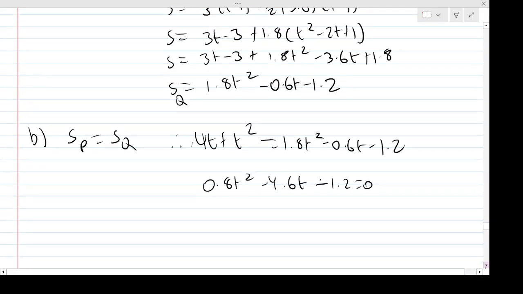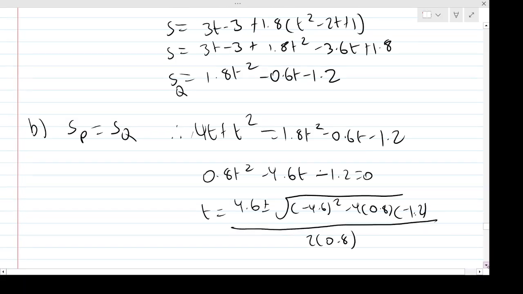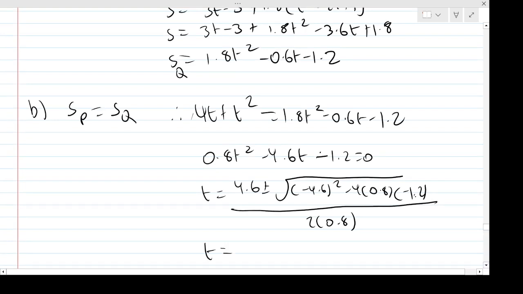So we're going to get t is 4.6 plus or minus the root of minus 4.6 squared, take away 4 lots of 0.8, lots of minus 1.2, over 2 lots of 0.8. And so if I put that in the calculator, I get t is 6, or t is minus 0.25.